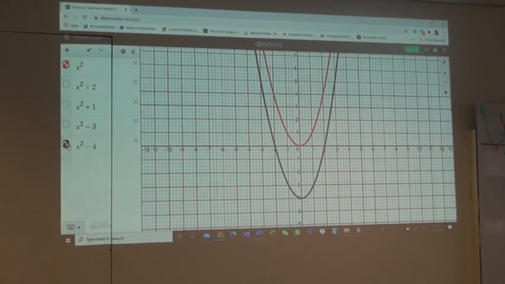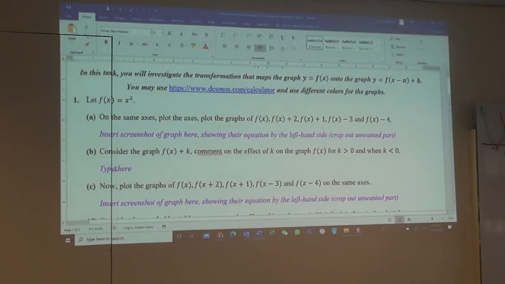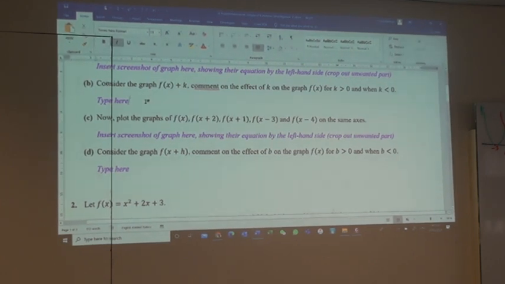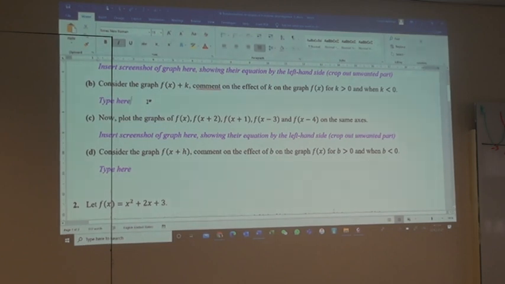Okay? Now, after that, you were asked to comment on whatever, well, I'm sure you were able to write the right comment. Can somebody remind me what they have written in B? Consider the graph. Comment on the effect of k on this graph when k is greater than 0 or when k is less than 0. Yes, anyone? Come on, we just discussed it now. Yes, just try.